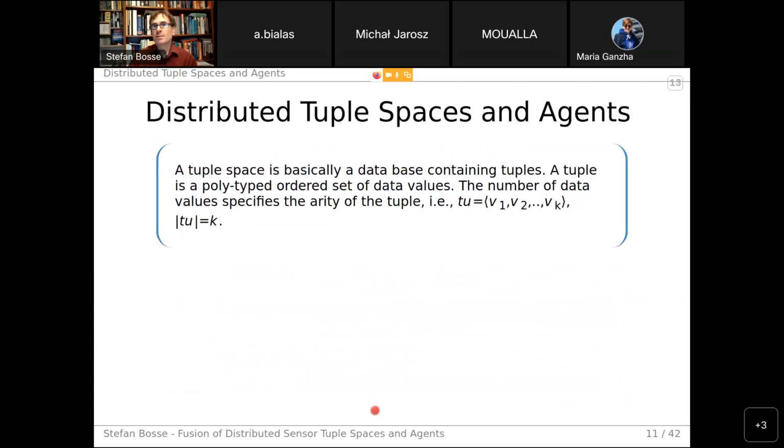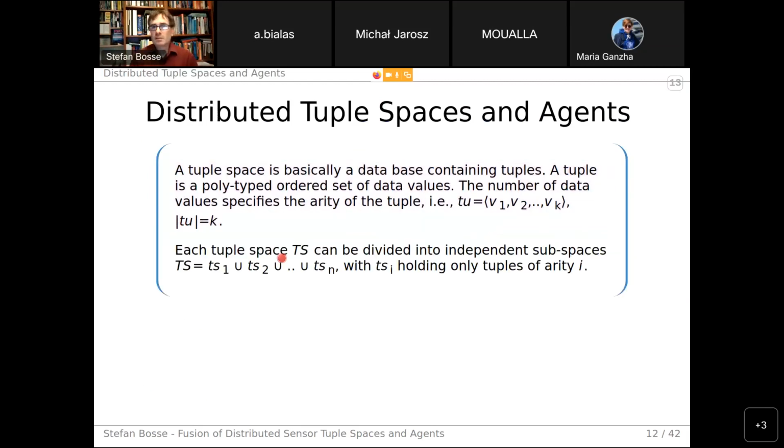A tuple space is basically a database containing tuples, and a tuple is just a loose collection of a number of data elements or whatever. So the only measure of a tuple is its arity, that means the number of elements, and the type signature. Any type signature is supported, and any number of elements.